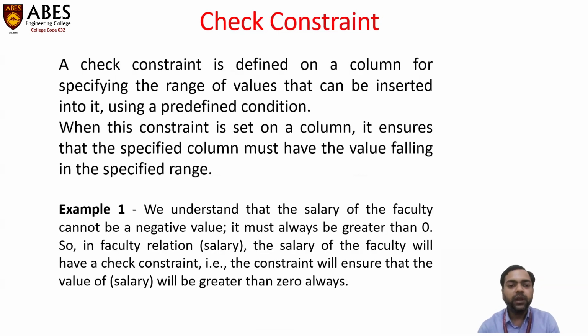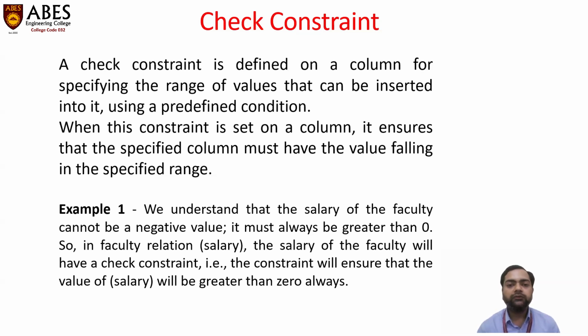Okay. Now, next we have the check constraint. Basically this constraint is used to check the value before it is stored into the database, right? It is defined on a column for specifying the range of values that can be inserted into it using a predefined condition. As I have already mentioned in the example of age, age cannot be negative, right?